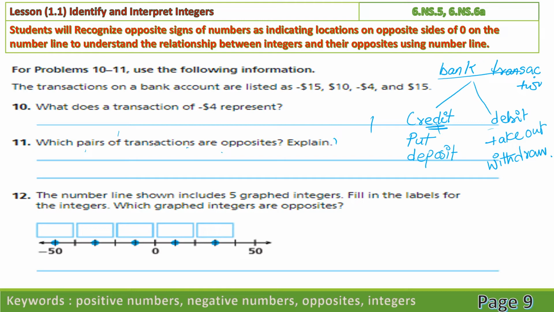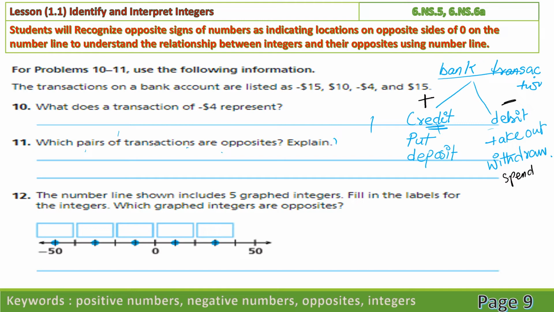So when you put some money in, it could be shown by a positive integer. And when you take out some money or spend some money, it is negative. It will be shown by a negative sign.